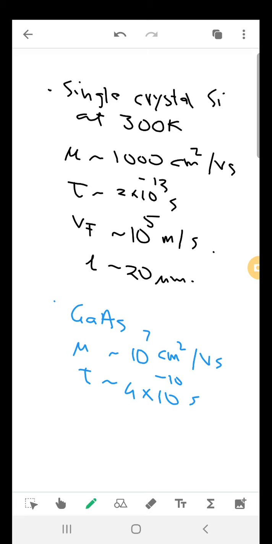The velocity is 10 to the power 5 meters per second, the same as in this case, and the mean free path here is 40 micrometers.